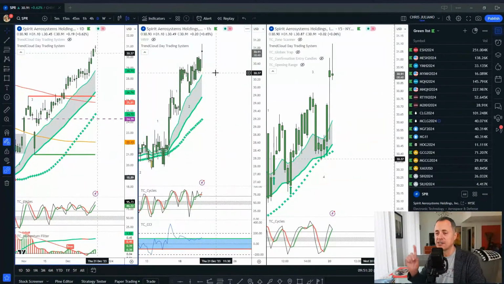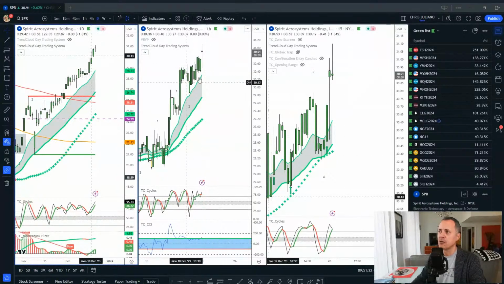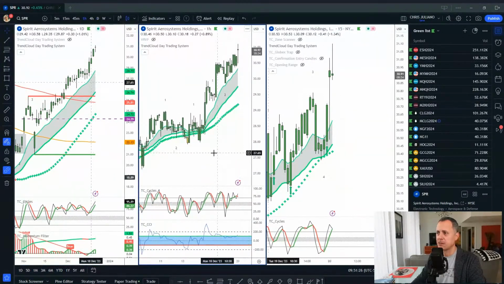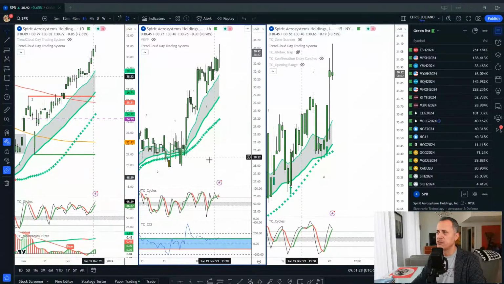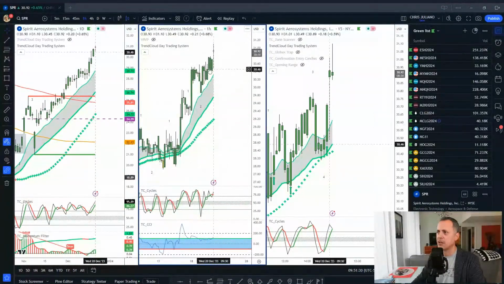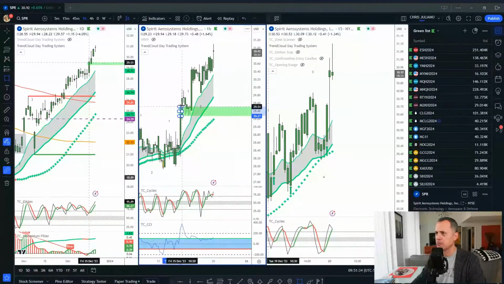Trend reversal on a stock means it's on sale, right? And we do have a couple of demand zones here, right? We got it here, and we've got it here.